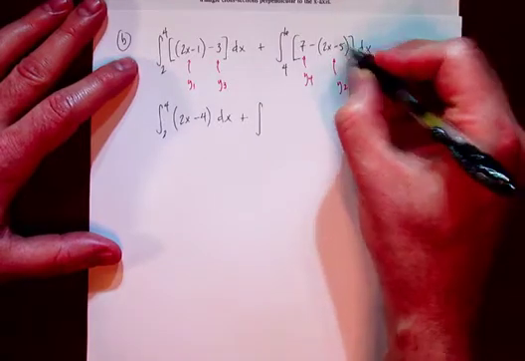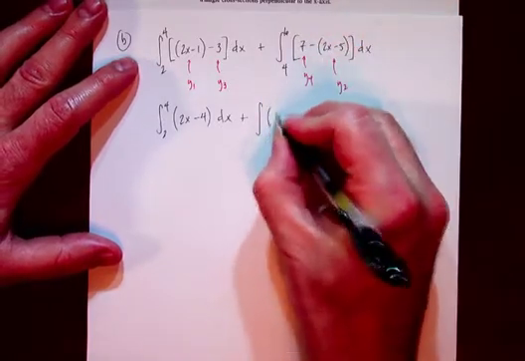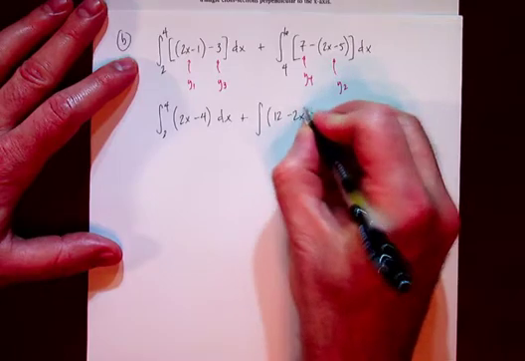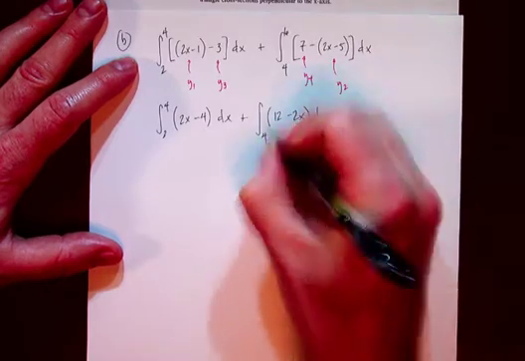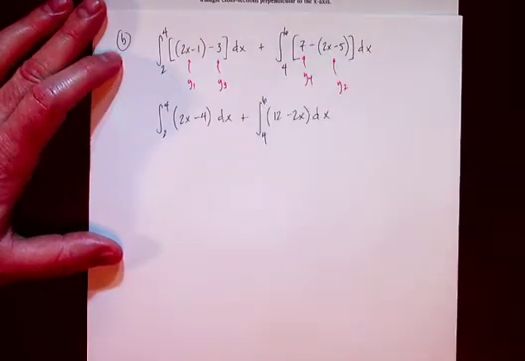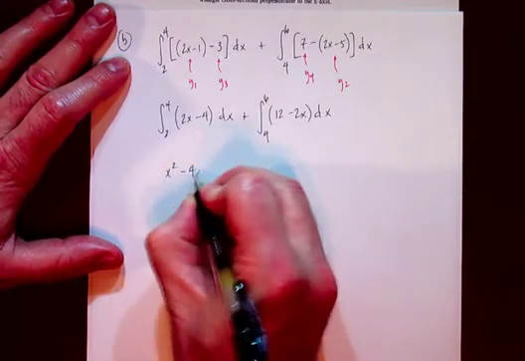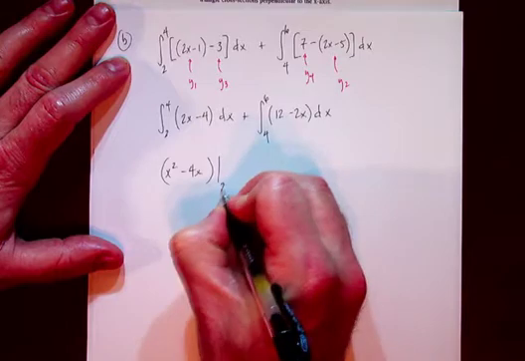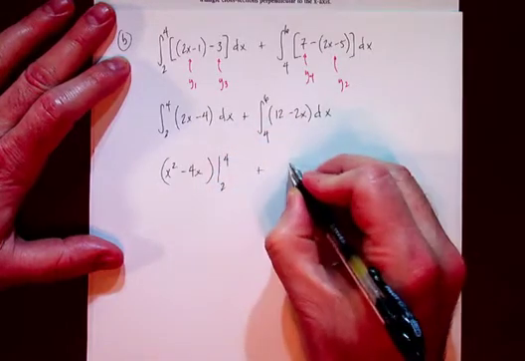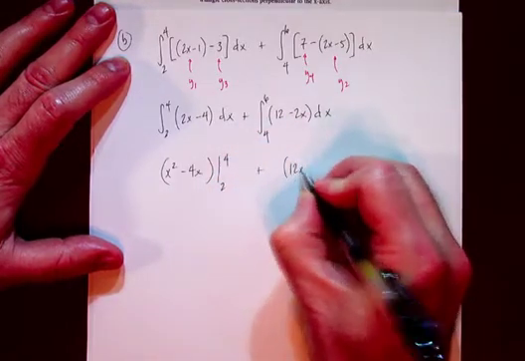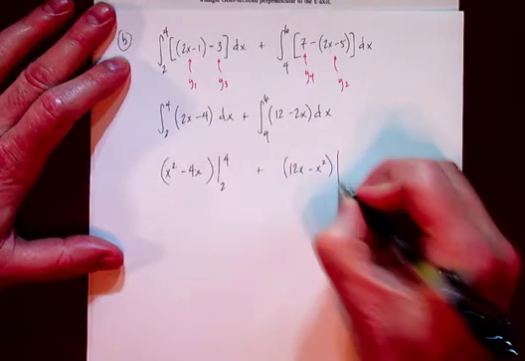The 5 and the 7 can combine into 12. And from 4 to 6, that is your integrand. Well, that makes x squared minus 4x from 2 to 4, and then 12x minus x squared from 4 to 6.